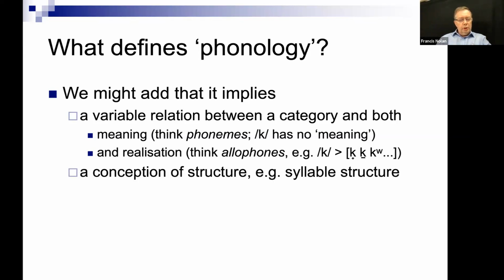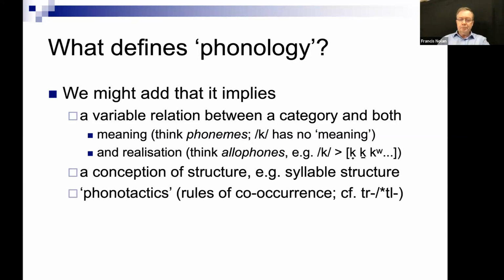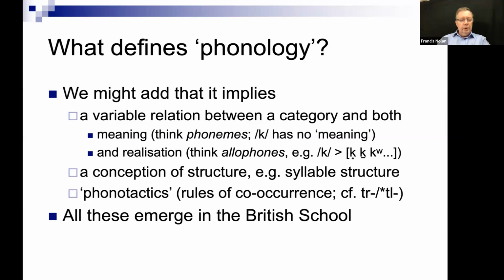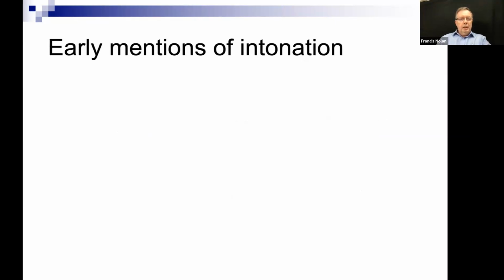A phonological analysis must have a conception of structure, for instance, syllable structure. And it will also have phonotactics, so rules of co-occurrence. So for instance, the fact that in English you can have a syllable beginning tr, but not tl. And as I'll show, all these characteristics emerge in the British School of Intonation Analysis.